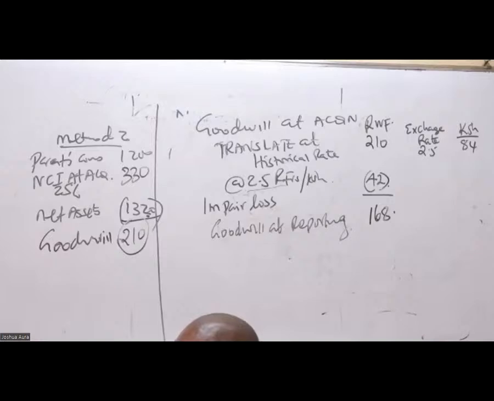Remember this quantitative criteria, the 10% revenue, 10% asset rule. This comes under factors that you used to identify. Assets and liabilities, 10% rule.